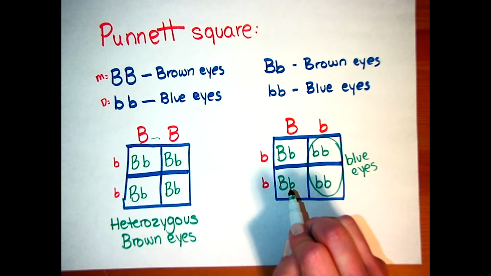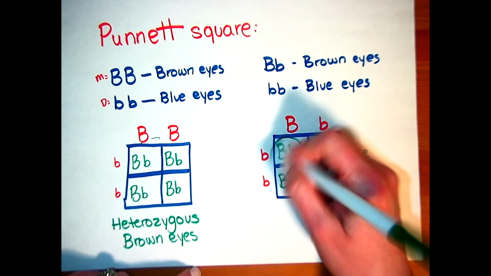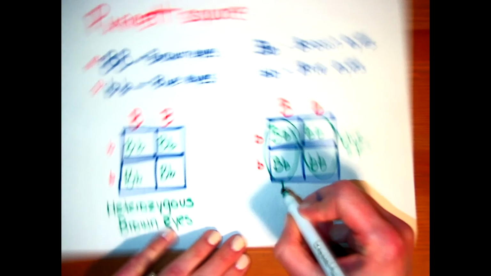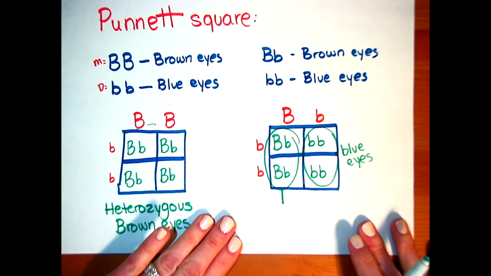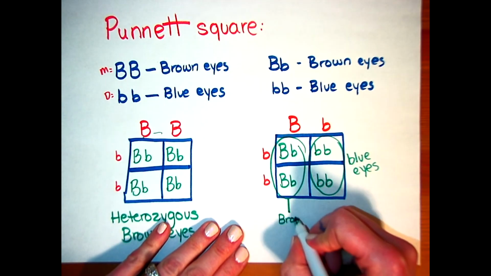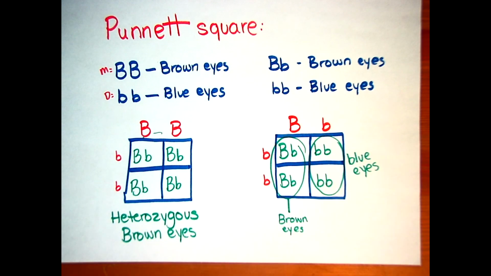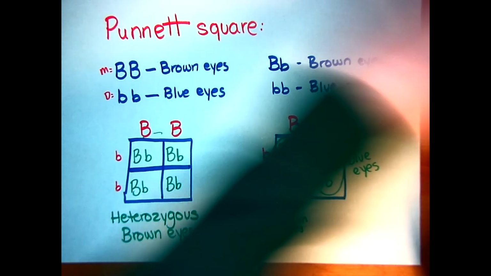And these two babies could have brown eyes. So this is how a brown-eyed parent could have a blue-eyed child. And this is basically what Mendel figured out with his peas.